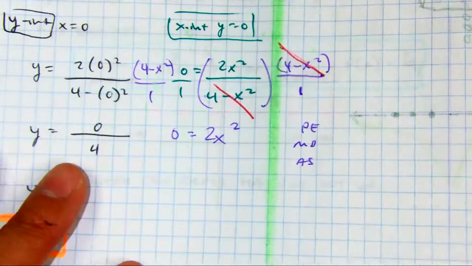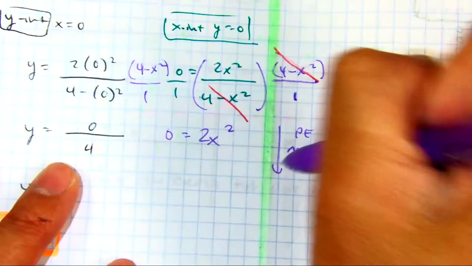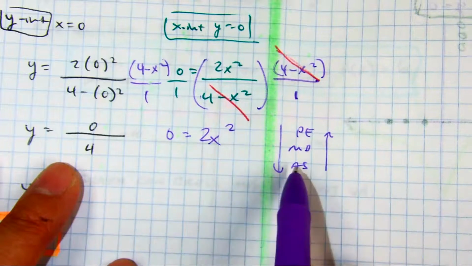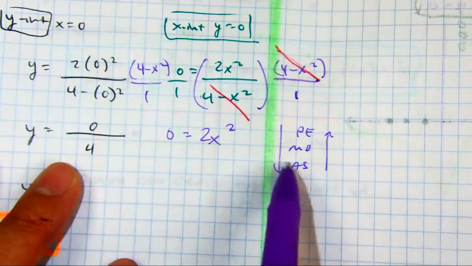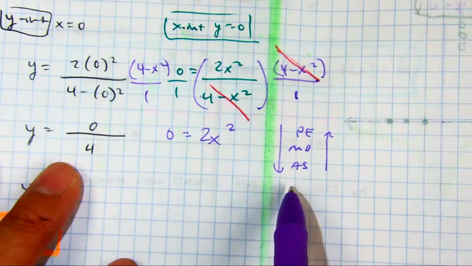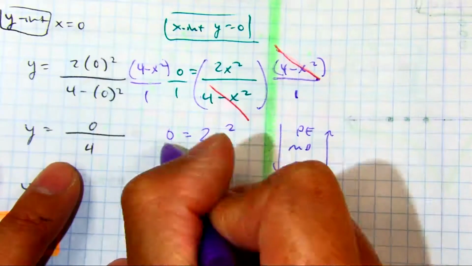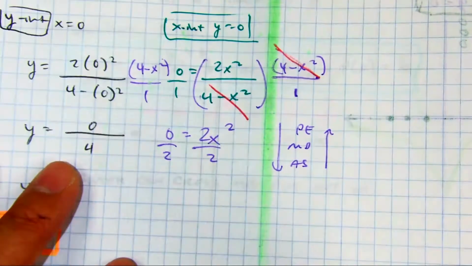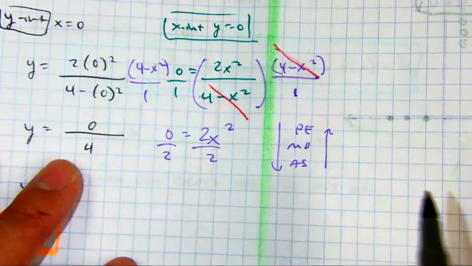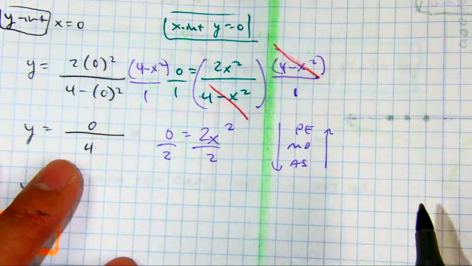In PEMDAS, going down is simplifying, going up is solving, which means we have to do these first. So you're going to divide or square root? Divide. And you get what? Still you, Sarah. It's the Sarah show.